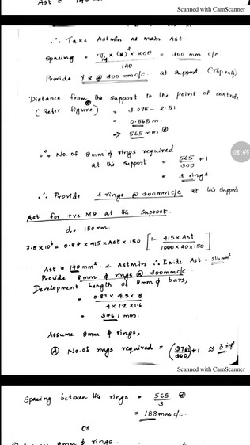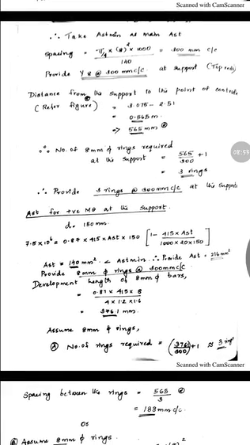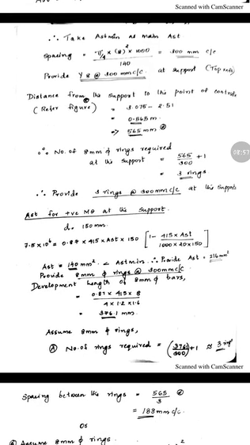AST we are getting is 140 mm square, which is very much less than AST minimum. So we are choosing AST minimum as the main AST, that is 216 mm square, and we have to provide 8 mm diameter rings at 300 mm center to center as the positive reinforcement at the support.